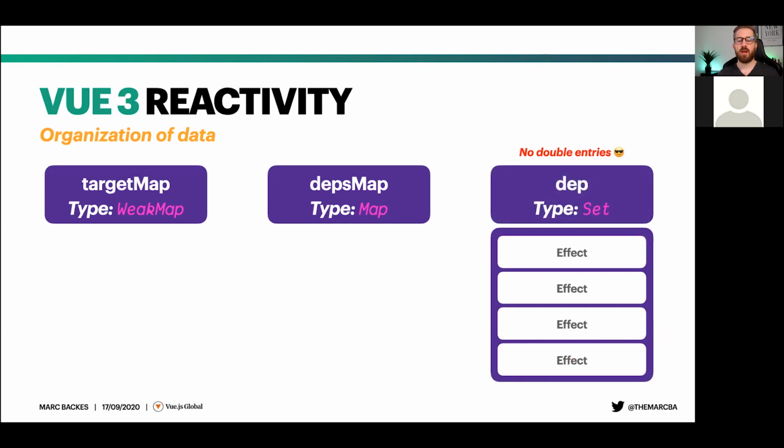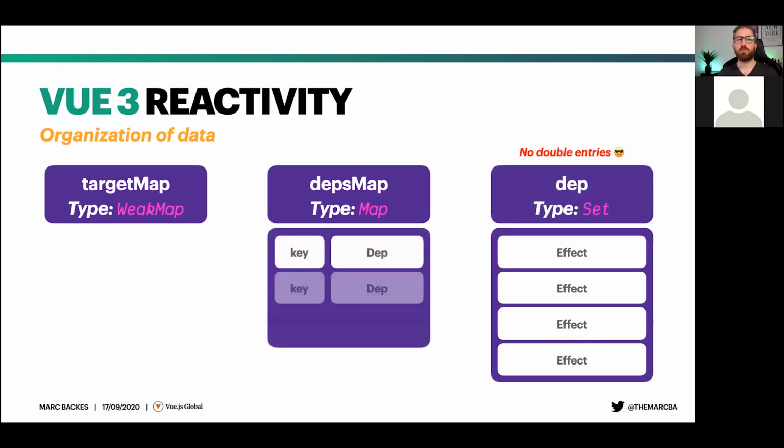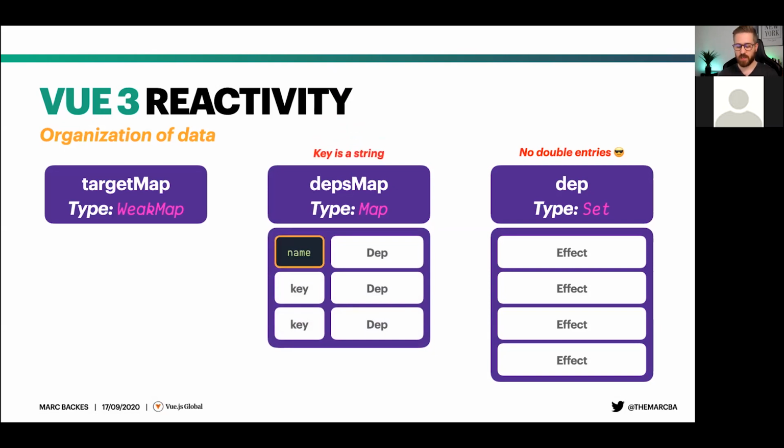And then we have the depsMap. There, the key is a string, for example name, age, country, and the value is a dep. So this is basically for each property of a given object.